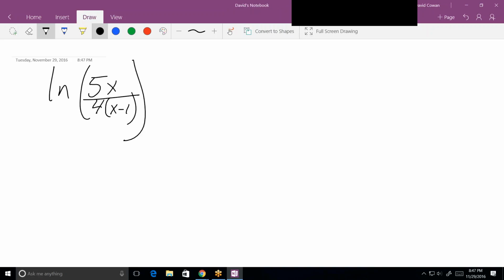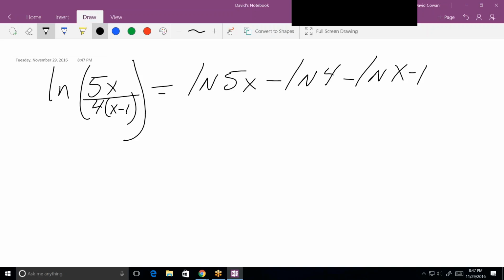When you expand that, it would be natural log of 5x minus natural log of 4 minus natural log of x minus 1? Yes. Okay. Even though the 4 and the x minus 1 are both in the denominator?